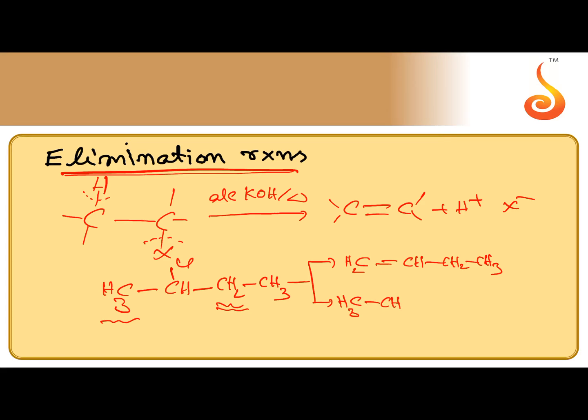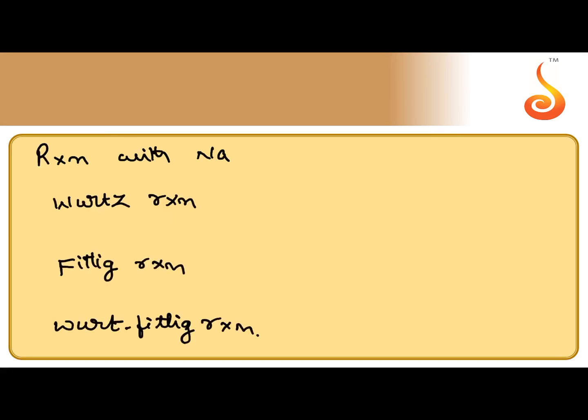If beta hydrogen is eliminated from the right side beta carbon, we get 2-butene. Between these two, according to Saytzeff's rule, 2-butene is the major product. So during elimination, the hydrogen is eliminated from the beta carbon with fewer hydrogens to get the major product.